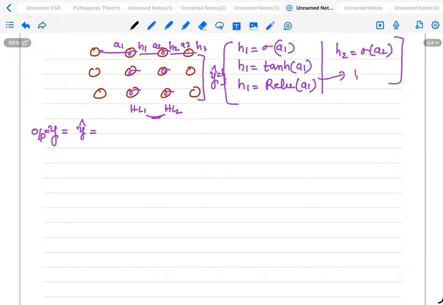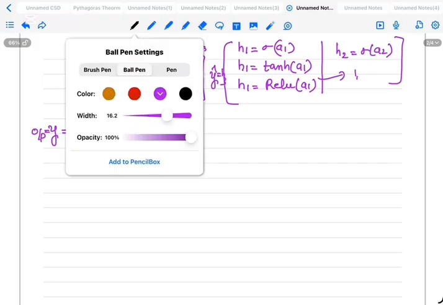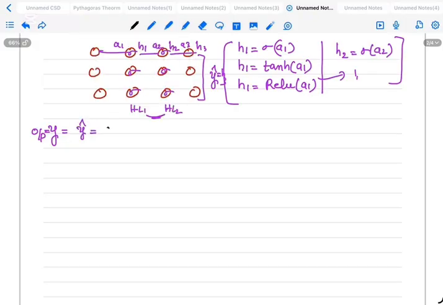Y hat equals, in this problem we are using the softmax activation function, represented with a circle, softmax of AL. For example, how many layers? L is the fourth layer, A4. If L is the third layer, A3, with 3 layers only: input layer, hidden layer 1, hidden layer 2, output layer, that is softmax of A3, which equals H3. Here they are using softmax for a classification problem.